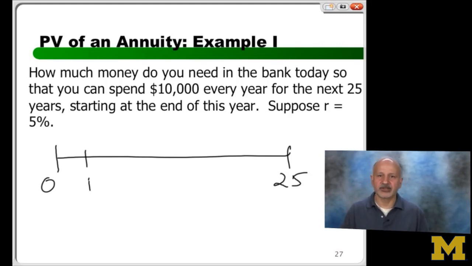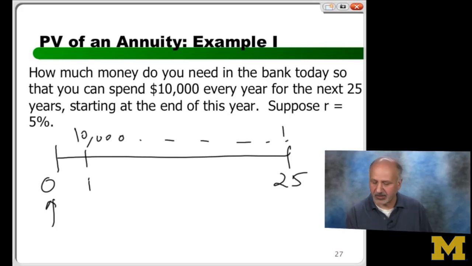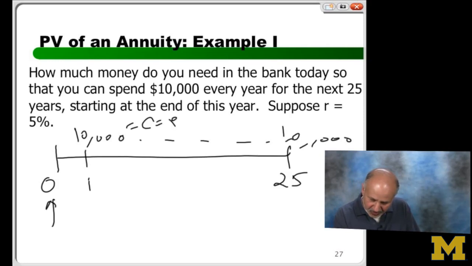So what do I know here? I'm standing here. What do I know? I know that I need $10,000, 25 times. Right? So this to me is C or PMT. So I know PMT. But what do I want to figure out?